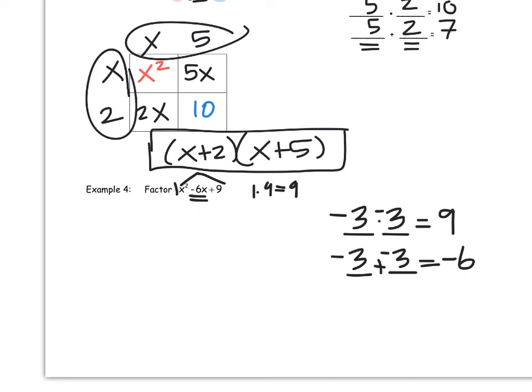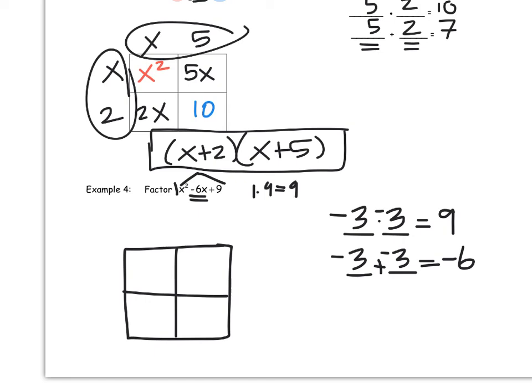All right, I'm going to set up my box method right here, 2 by 2, and I'm going to put x squared and 9 in the first and the last box, right? So I have x squared, I have a 9, and then my two numbers are right here, negative 3 and negative 3. They both get x's.